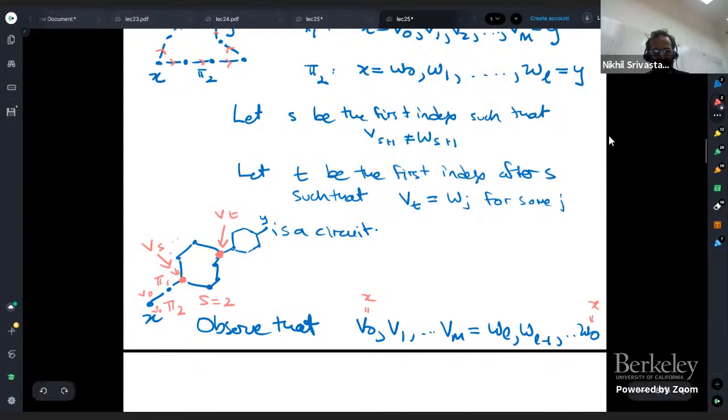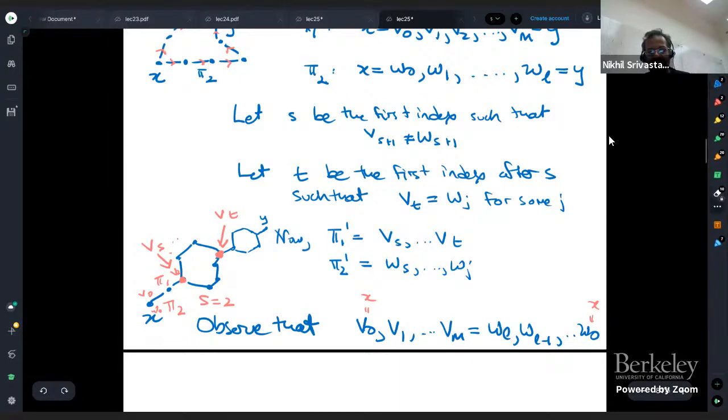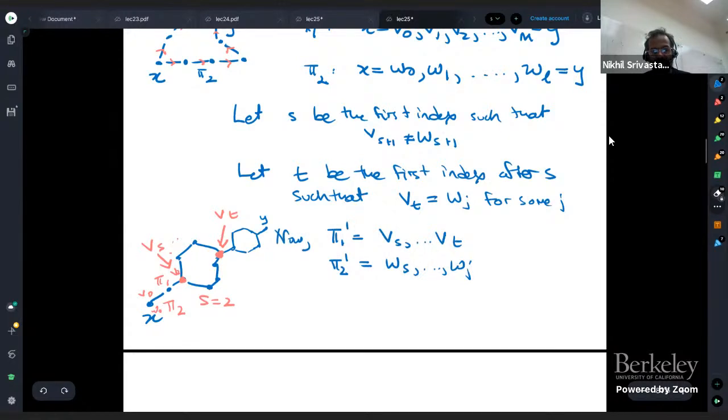So now the key point is, the paths pi1 prime, which is just a subpath along Vs to Vt, and pi2 prime, this goes from Ws to Wj. They don't share any vertices except at the endpoints. Okay, so their endpoints are the same. Vs is equal to Ws, Vt is equal to Wj.